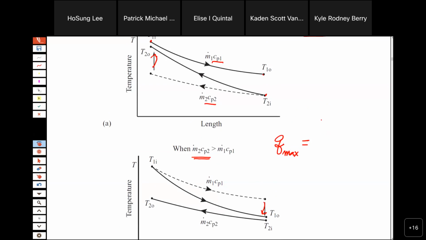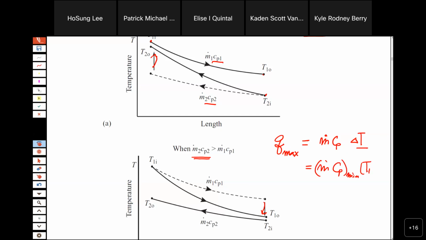The matter is we're still going to use m dot Cp and the temperature difference. So it's m dot Cp of the smaller one times T1i minus T2i.